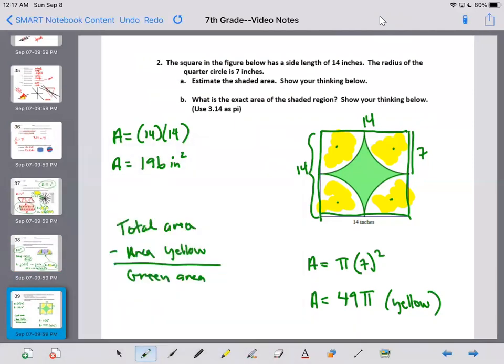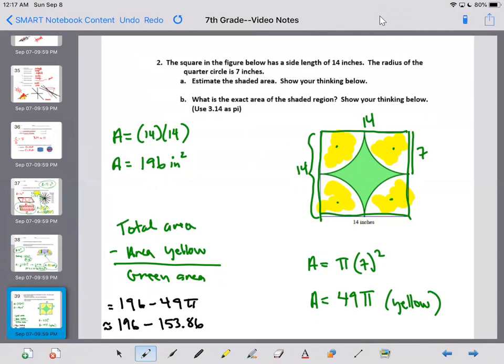So that's going to be 196 take away 49 pi, which would give us that exact value. Now, if we want to get an approximation, 49 multiplied by 3.14 is approximately, notice my symbol, approximately 153.86.